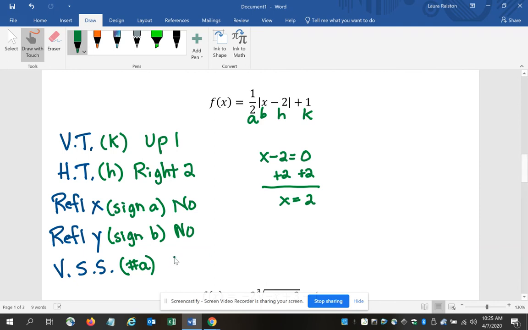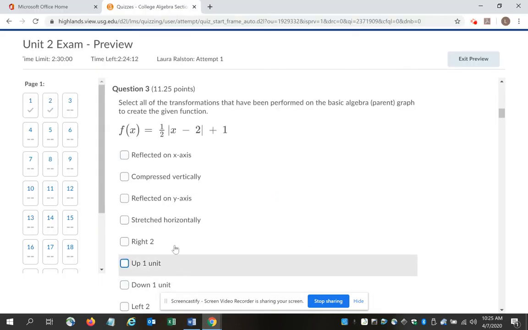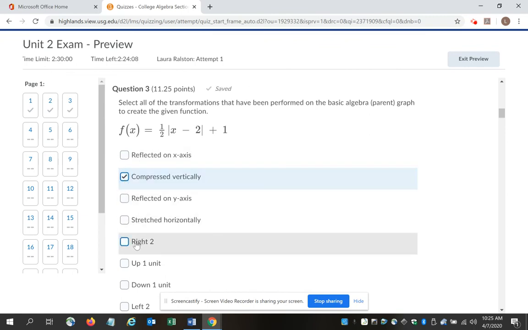Since it's less than 1, there is a shrink, or what's called a compression, vertically. So when I go to mark my answers, I'm going to mark up 1, right 2, and compressed vertically. Okay, so let's see. Compressed vertically, right 2, up 1.